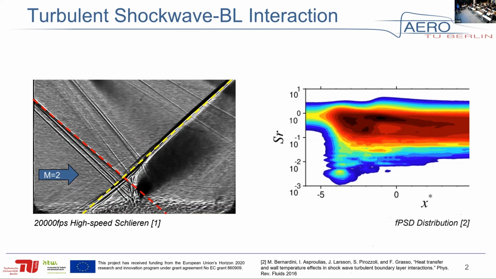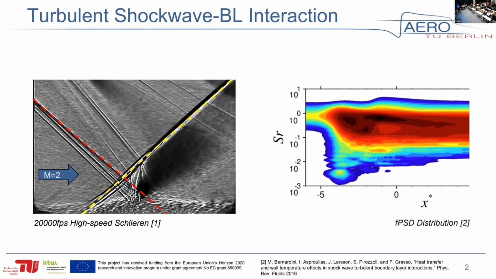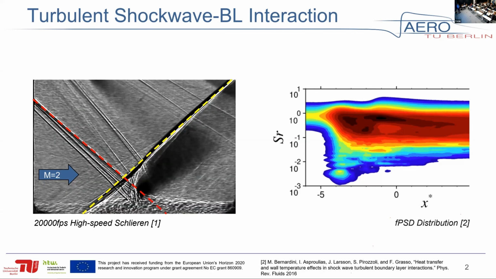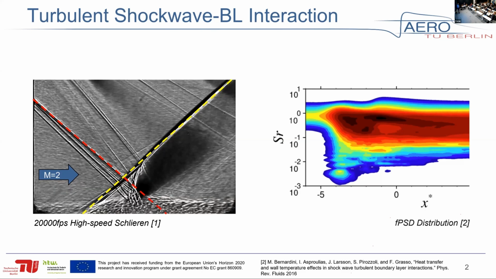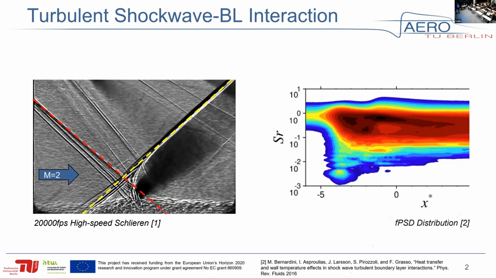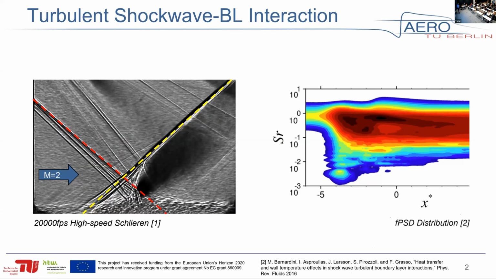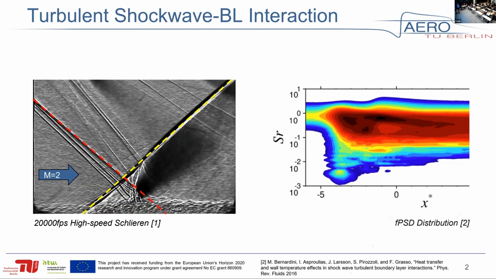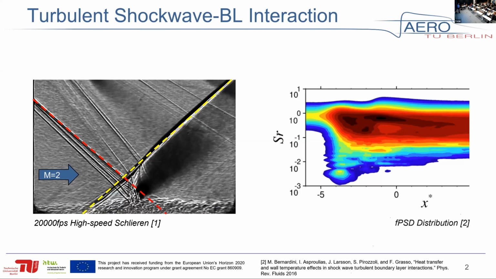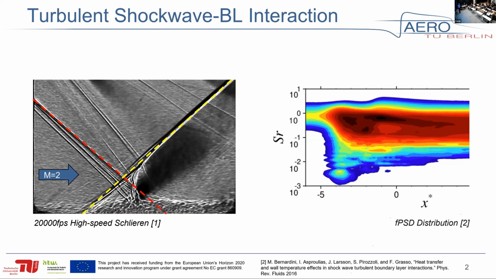And experimentally, these kinds of investigations are done with different methods. The state-of-the-art methods are pressure transducers, for example, which have a high performance, so they usually have a high frequency range, but they lack in space resolution. We can build arrays of pressure transducers, but this is really costly.